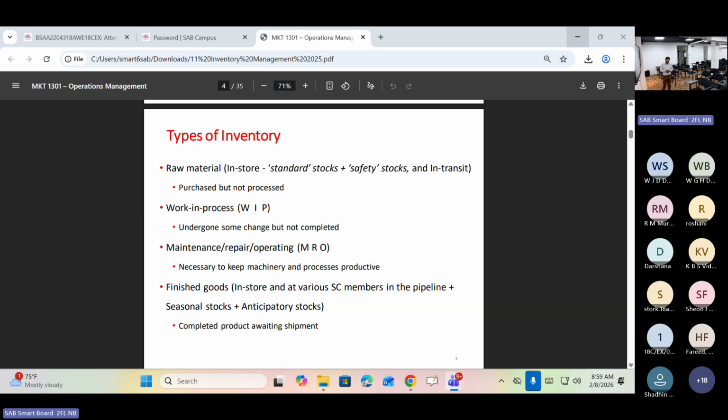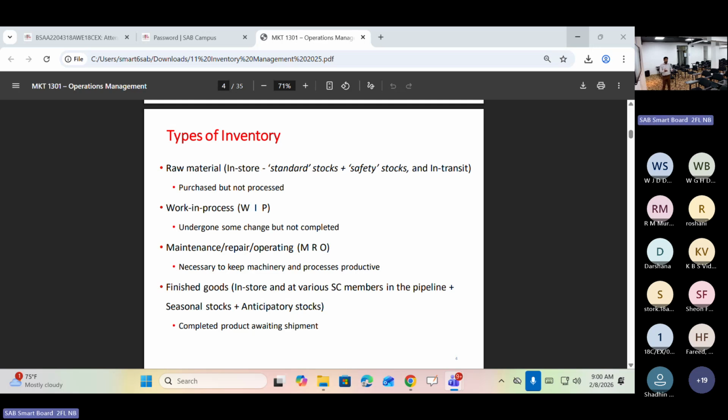On the other side, even in industries where they practice lean or just in time, over a period of time they have realized that just maintaining zero inventory would not be a good idea.